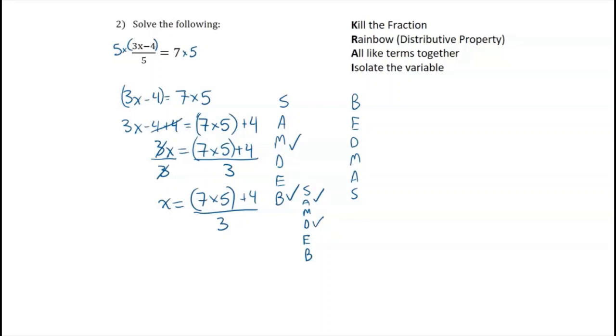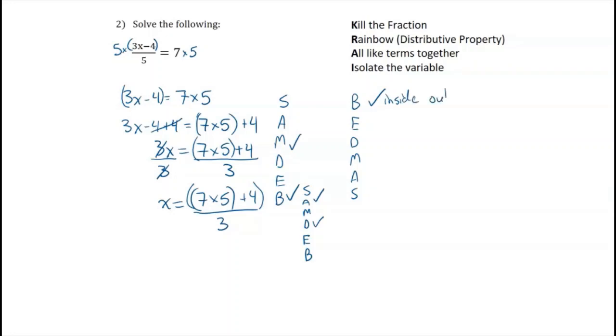Now you might wonder here, because the first thing we get is brackets. So 7 times 5 is brackets. Well, that's all well and good. But then it seems that we add before we divide by 3, which doesn't add up, right? Because we should divide before we add. But remember, anytime you have something in its entirety in the numerator or denominator, it's like that itself is in brackets. So what we're doing is we're doing the first set of brackets, the inside set of brackets, the 7 times 5.